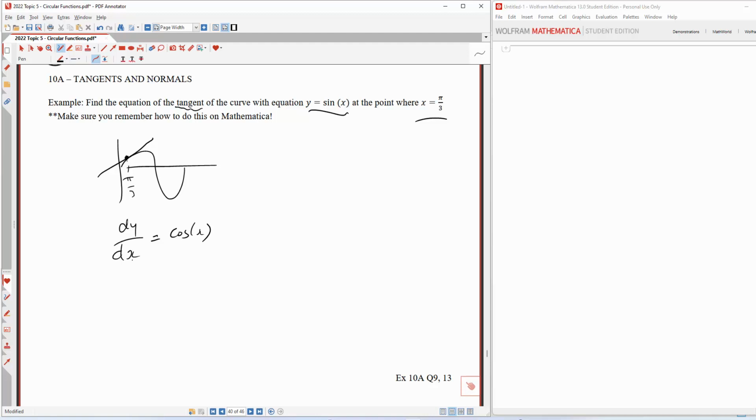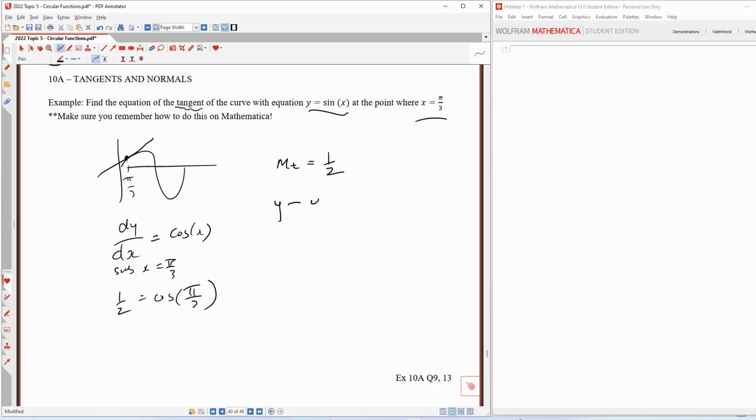Alright, so then we're going to sub x equals pi on 3, so we're going to go cosine of pi on 3. What is the cosine of pi on 3? That is a half. So that means m tangent, the gradient of the tangent, is going to be a half for this function.